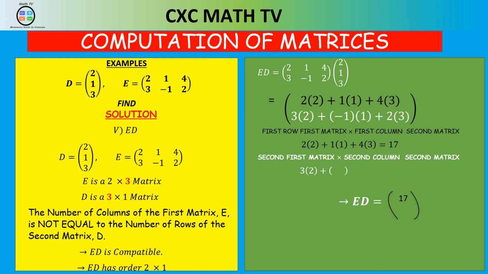So that's 3 times 2 plus negative 1 times 1 plus 2 times 3. That works out to be 11. So the matrix product of E times D is 17, 11.